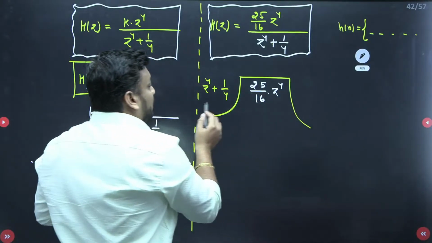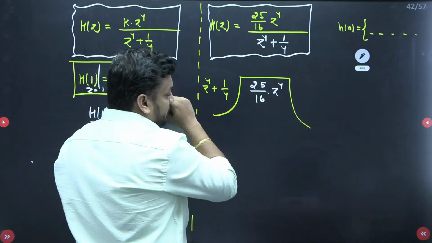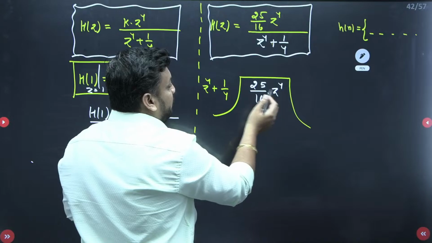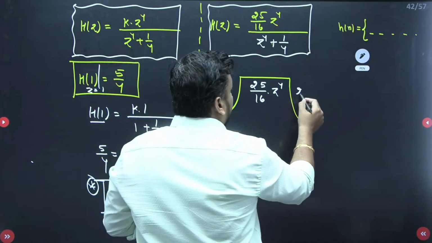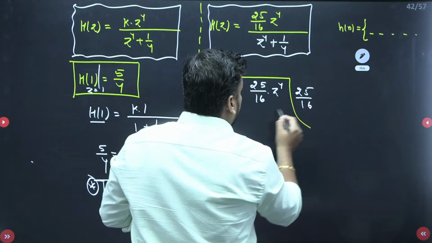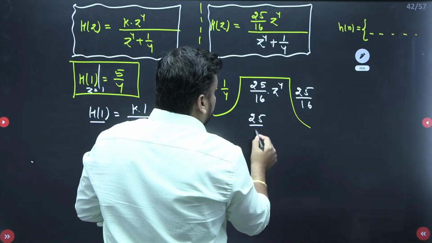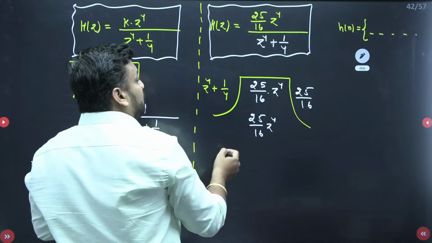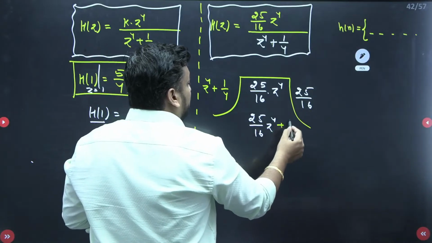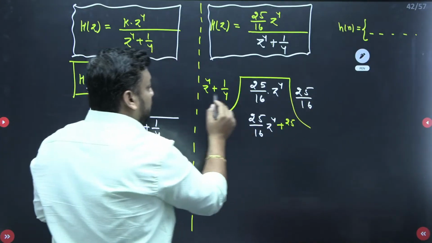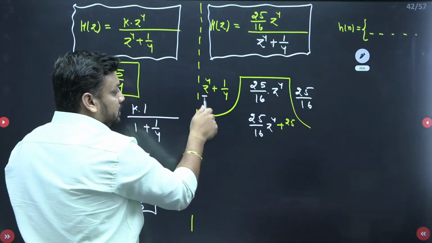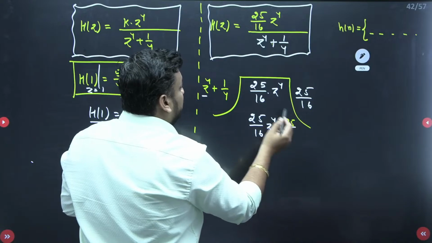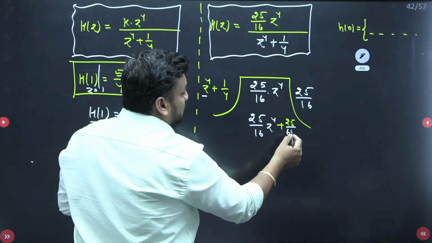Whatever is required, the requirement is 25 by 16 z⁴. What is available? z⁴. So if I multiply with 25 by 16, I will get 25 by 16 into z⁴, and also, because I multiply this part one time, it will become this, and again 1 by 4, so it will be 25 upon 64.